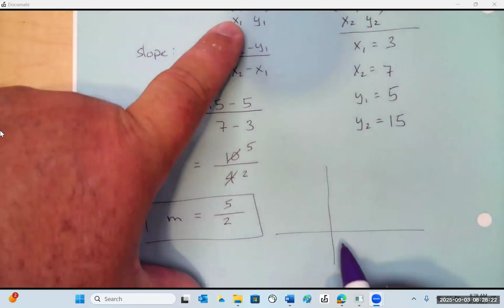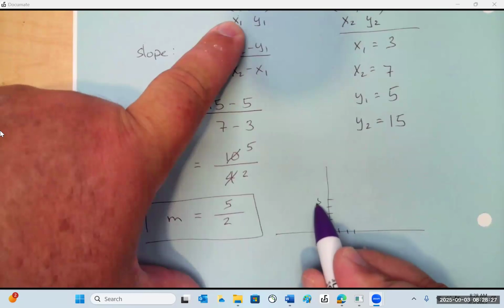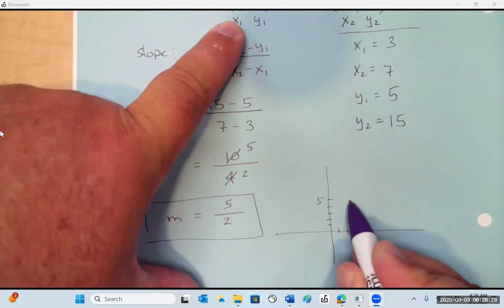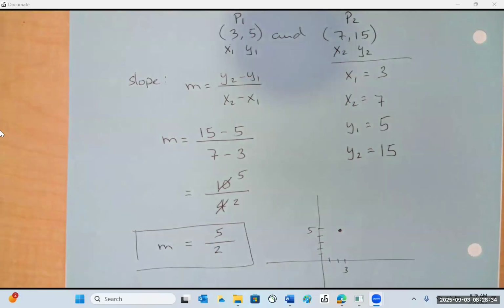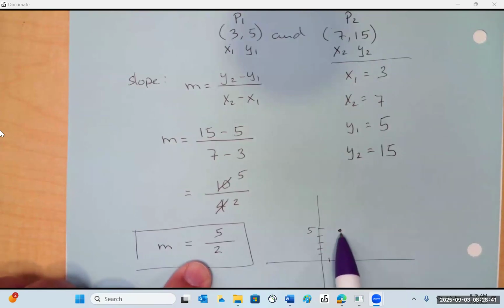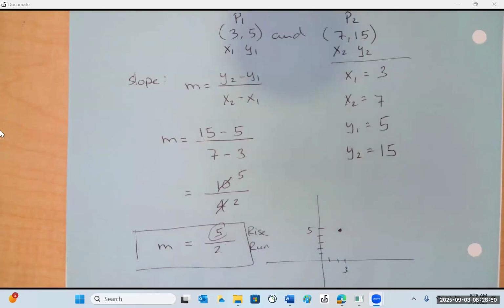So we go to the first point. 1, 2, 3, 1, 2, 3, 4, 5. So there's our first point, 3, 5. What the slope tells me is, to go to my next point, what do I have to do? Well, remember we said rise over run. It's rise because it's positive 5. If it was negative 5, it'd sink.